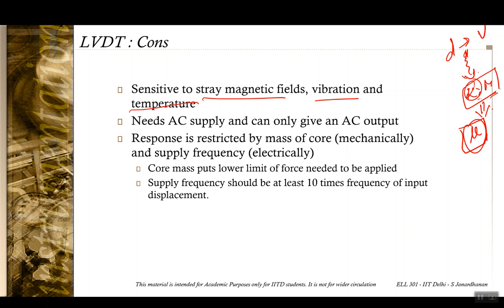The other disadvantage is that since it uses the transformer effect, it needs an AC supply and can only give an AC output. It can't work on DC. The third disadvantage is that mechanically it is restricted by the mass of the core. Whatever force is causing the displacement should be able to move the core, so the mass of the core puts a lower limit on the force needed for the movement.